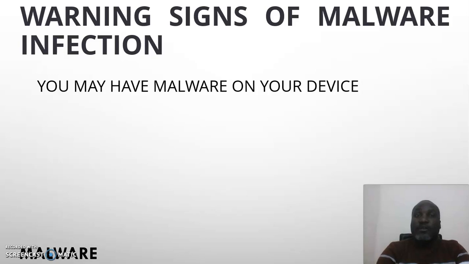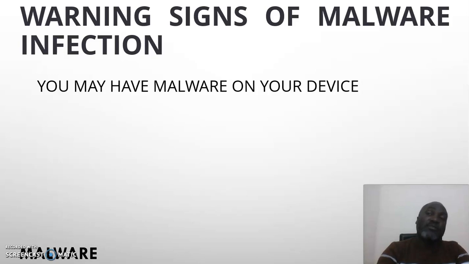Now, there are some signs that we may need to look at so that we are aware that we have an attack, or we may have an attack, or we have been visited by viruses. We may look at 6 of them. The first one is when your computer is slow, crashing, or freezing. You may suspect that there's a malware on that computer.